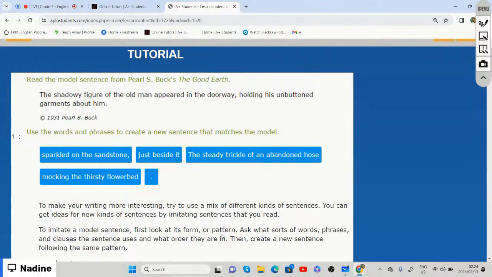So the shadowy figure of the old man appeared in the doorway, holding his unbuttoned garments about him.